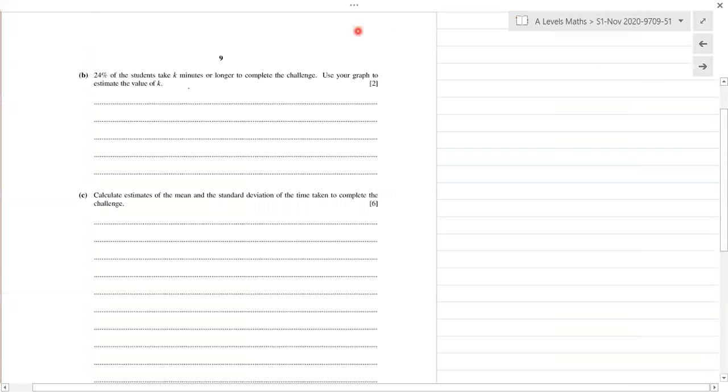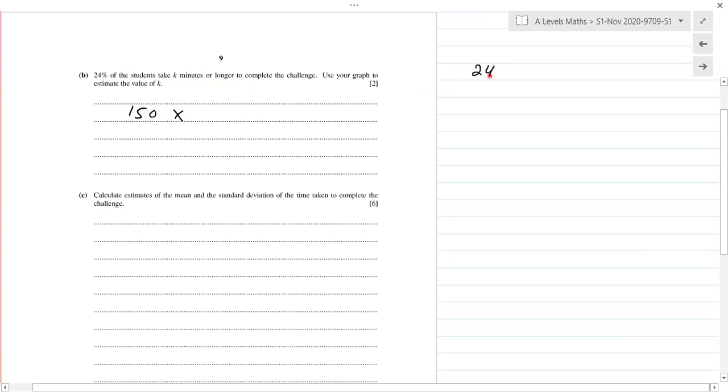If you can move on to the next part, it says 24% of the students take k minutes or longer to complete the challenge. Use your graph to estimate the value of k. So we know the total number of students we have is 150. Now it says 24% of the students take k minutes or longer.